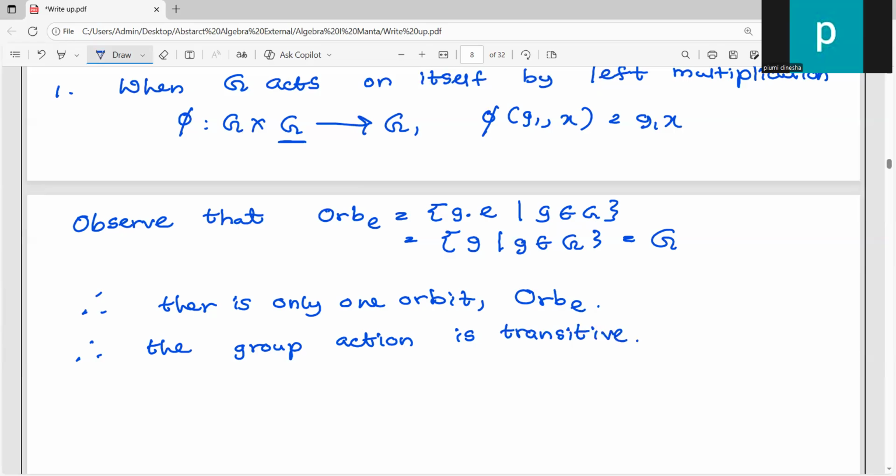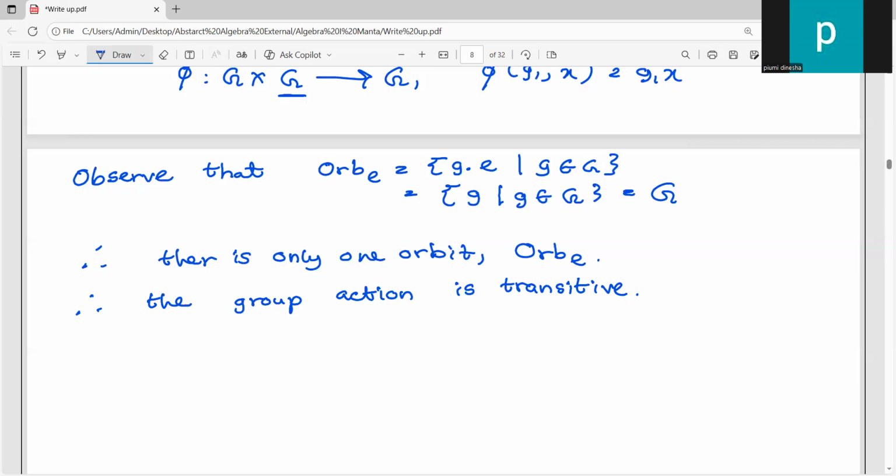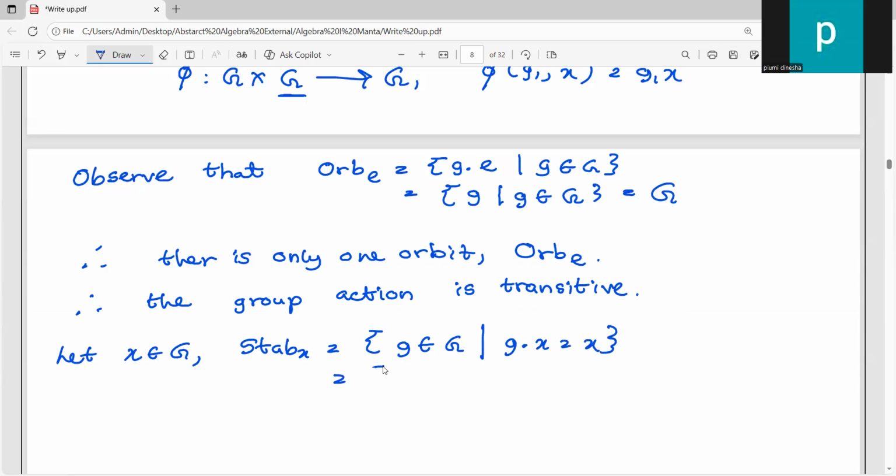Okay. Now, for any x that you take from the group, let's find the stabilizer. What do we have as the stabilizer? The stabilizer gives you every element in the group that fixes this particular x. g dot x equals x. What do we get from g dot x?